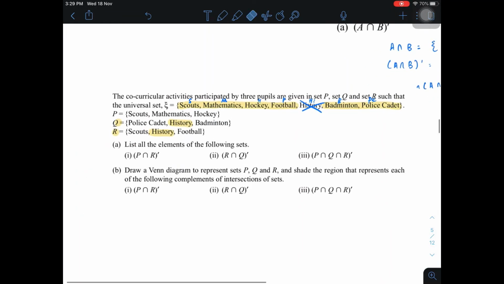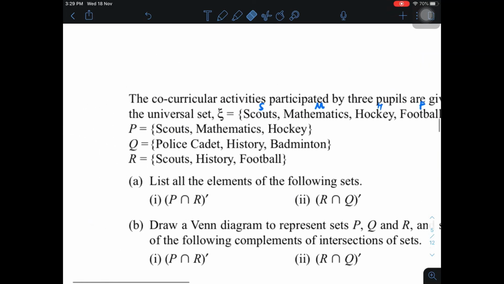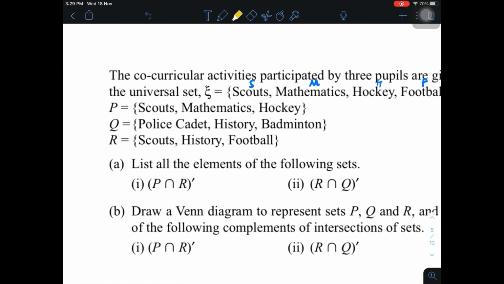Next question. I want the complements of intersection P, Q, and R. If we look at this again, what is the intersection between P, Q, and R? I don't think you can find any because there is no intersection between P, Q, and R, right?